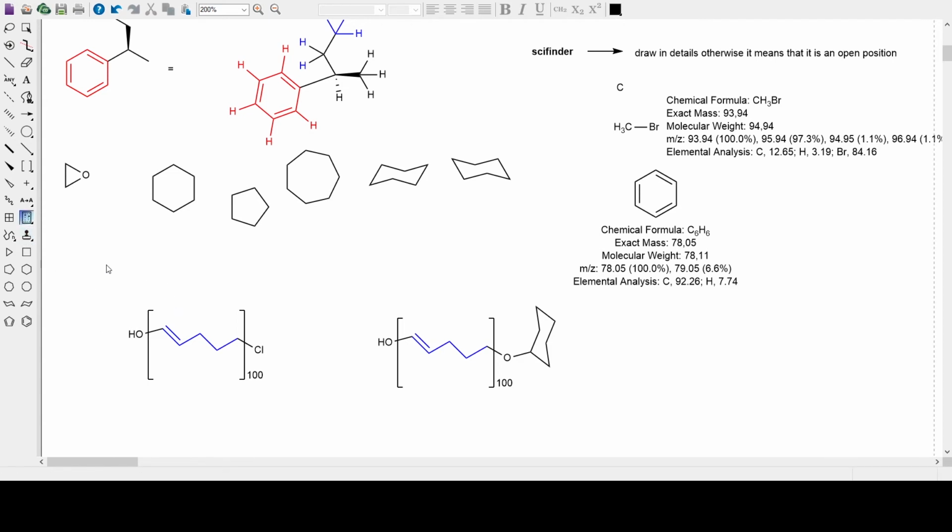conformers. For example, a 3-member ring. That's a 5-member ring. Okay. That's a 5-member ring, 6-member ring.